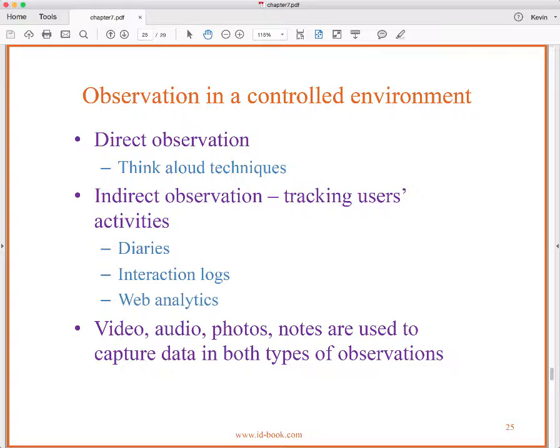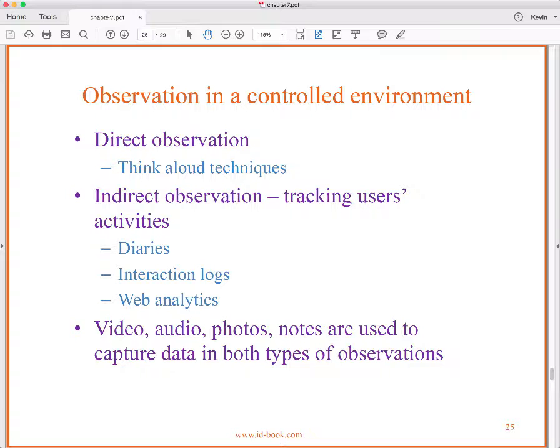Right, and there's a good discussion in the text about Google Analytics and its competitors.